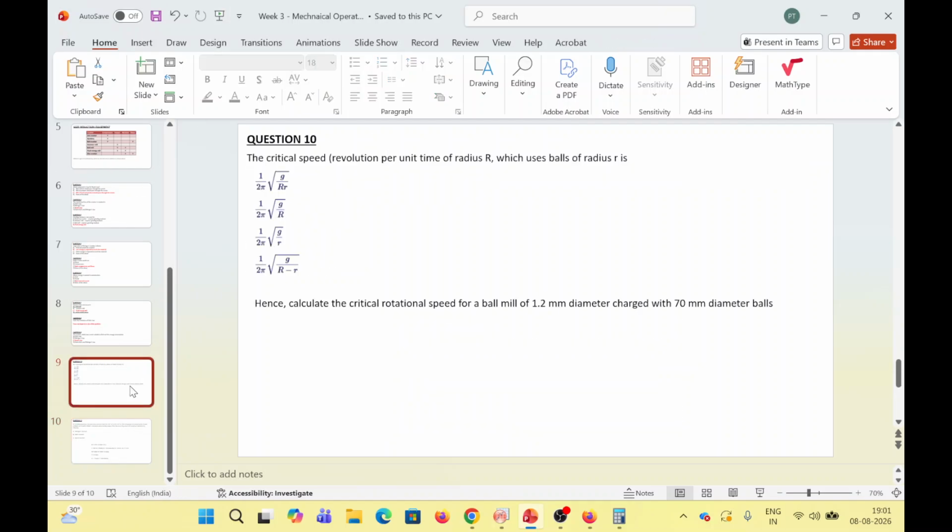Now let's move to this one. Question 10. How to calculate the critical speed of revolution? And how do you calculate the critical rotational speed? Which is the correct formula? Yes, anyone?